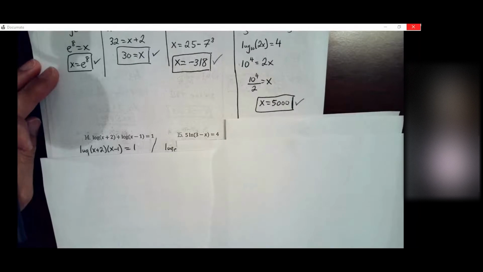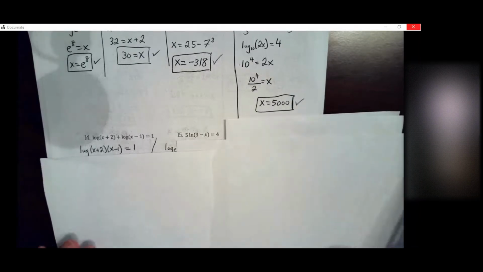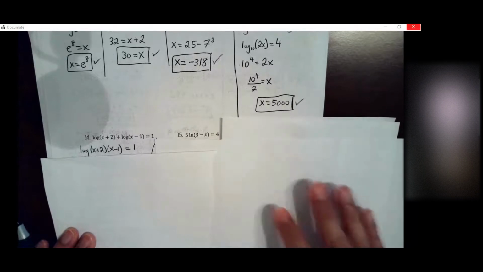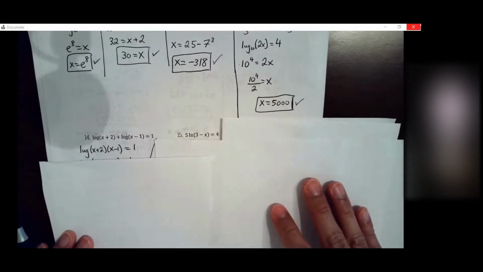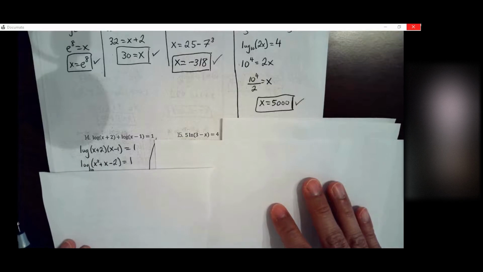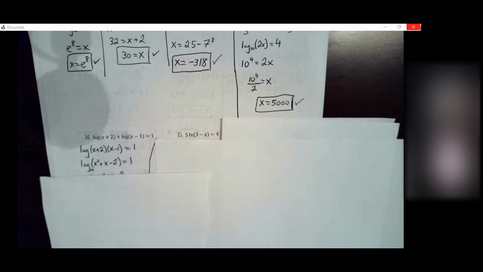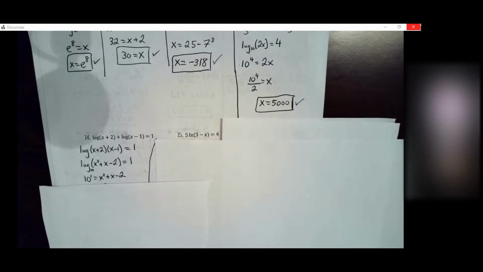So then that'd be log of x squared plus x minus 2 equals 1. So 10 equals x squared plus x minus 2. Right, got that hidden base, convert from log to exponential form. x squared plus x minus 12 equals 0.